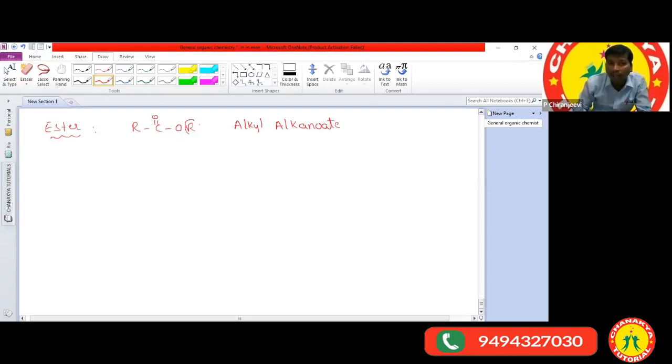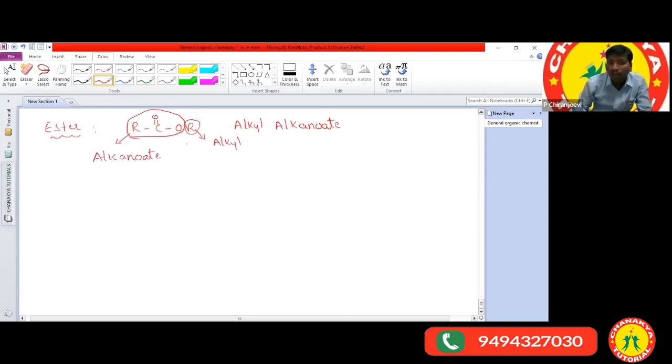The R which is attached to the carbon single bond oxygen, that part we consider as the alkyl group. It may be a smaller chain or a bigger chain, no problem. And the alkanoate is this part, RCOO.